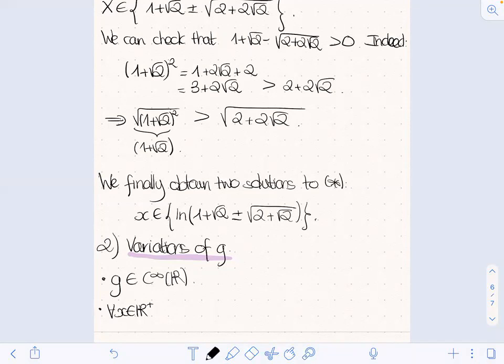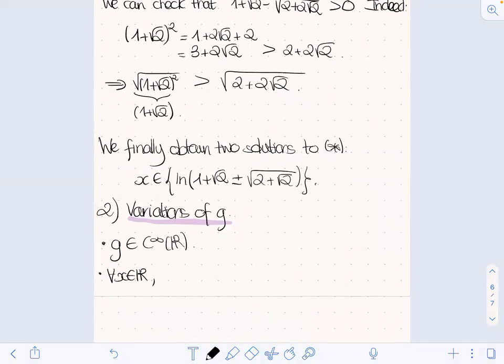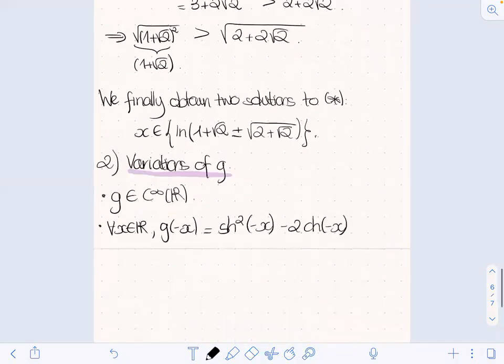So if we take any x in R, and we look at g of minus x, and use the expression, we should have sh squared of minus x minus 2ch of minus x. Even though sh is odd, so sh of minus x equals minus sh of x, when you square it, you just end up with sh squared of x, and ch of minus x is equal to ch of x.